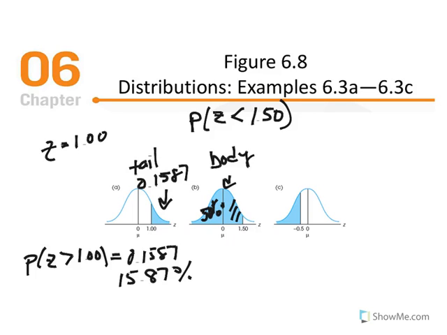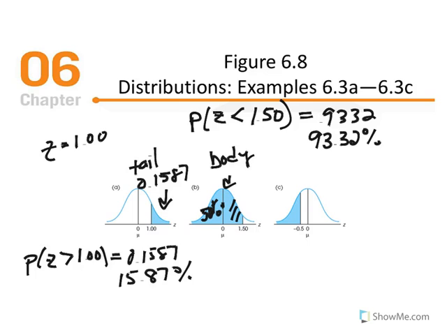So our response would be 0.9332, or we could say that there's a 93.32% chance that if we randomly selected a score from this distribution, that z-score would be less than a positive 1.5, or below 1.5 standard deviation units above the mean.